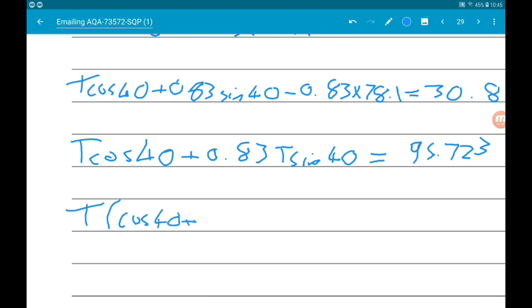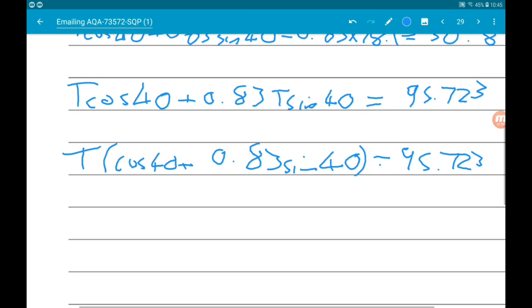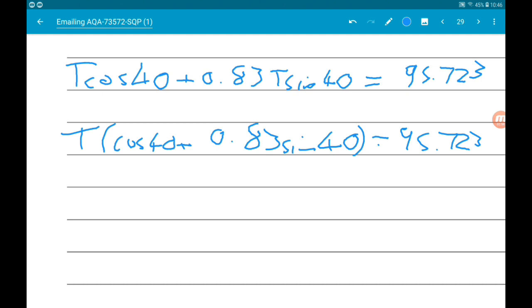Factorise, so we get T times cos of 40 add 0.83 sine of 40 is equal to 95.723. Divide through by the bracket.